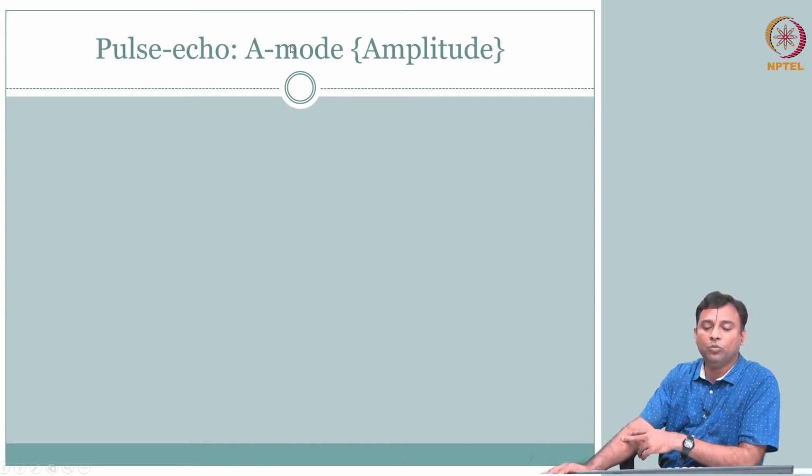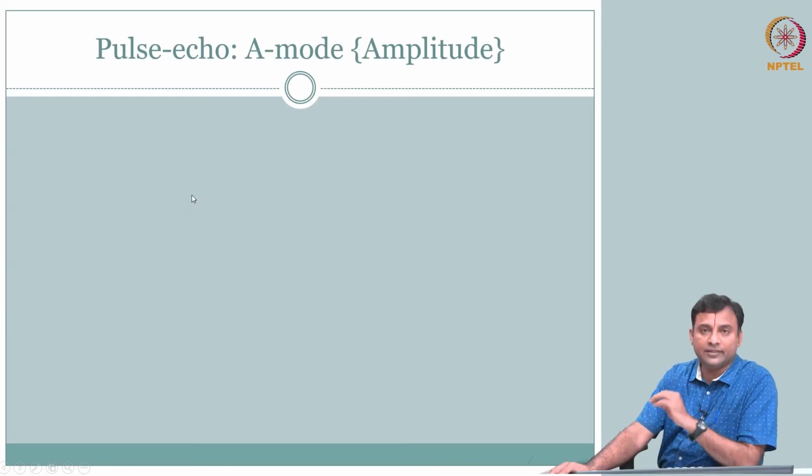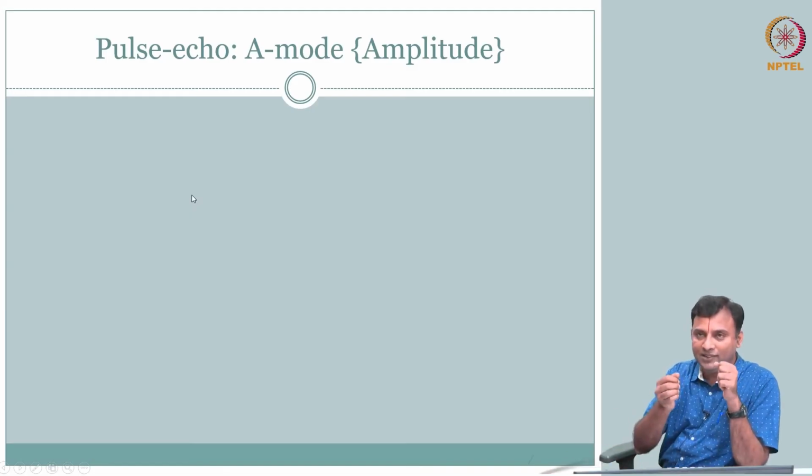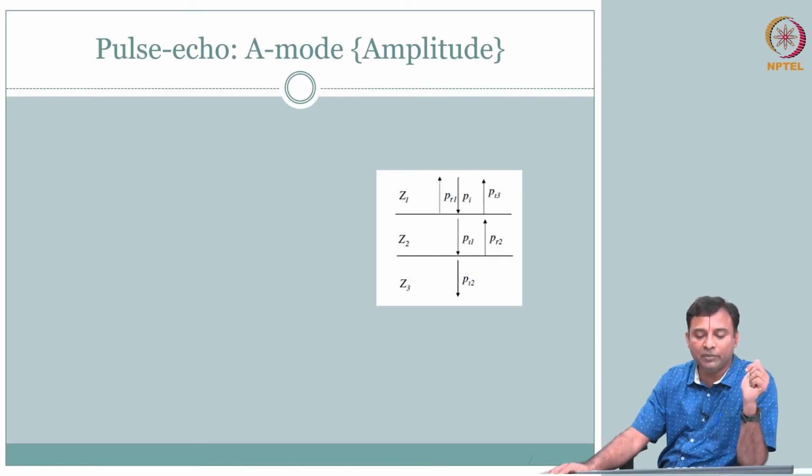First is the pulse echo mode usage. The first usage is your amplitude mode. What do we mean by amplitude mode? It is straightforward. I send the pulse, I receive the echo. What is the echo amplitude as a function of depth? Exactly the way we wrote the imaging equation.